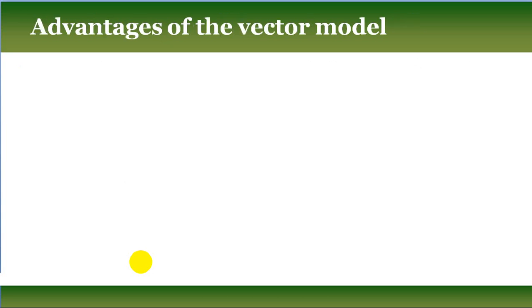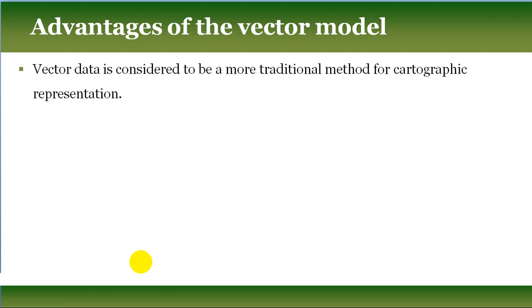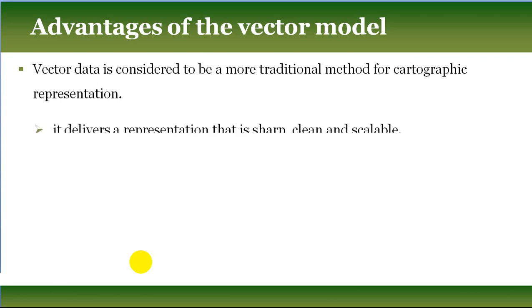Then we come to the advantages of the vector data model. Vector data is considered to be the more traditional method for cartographic presentation. That means for map making, the vector data model is much more useful, and for aesthetically representing GIS data, vector data is more ideal.